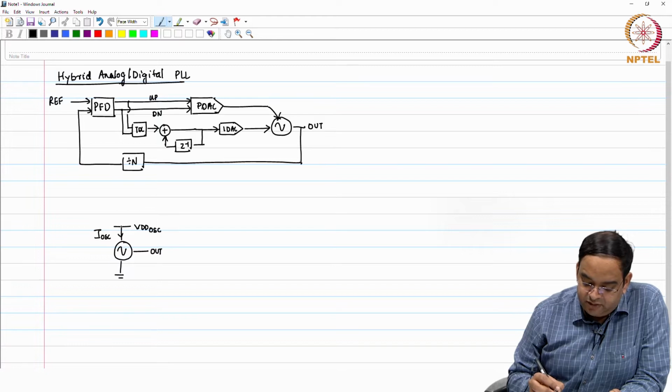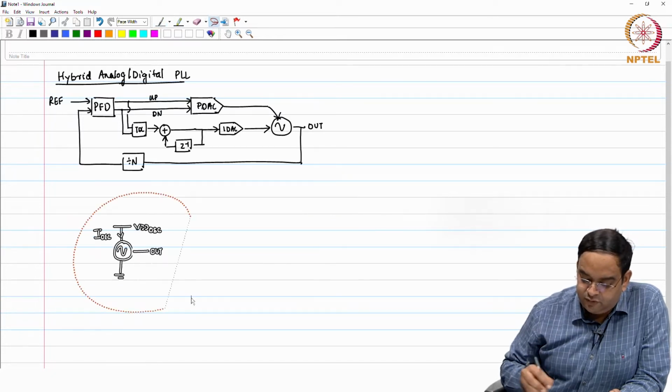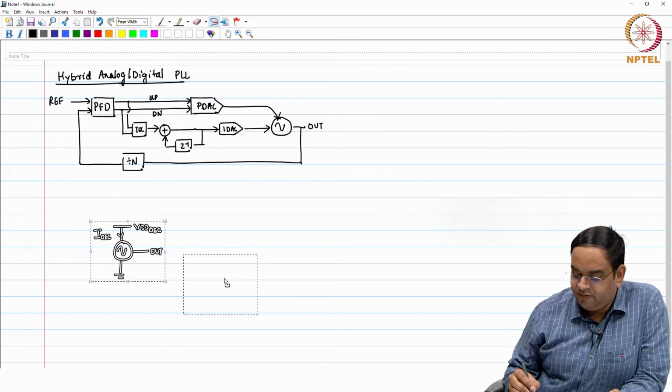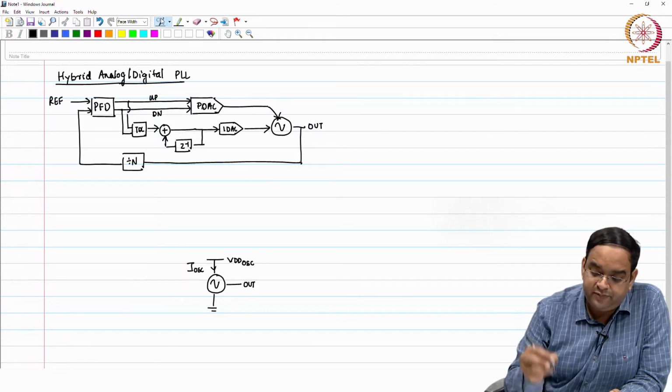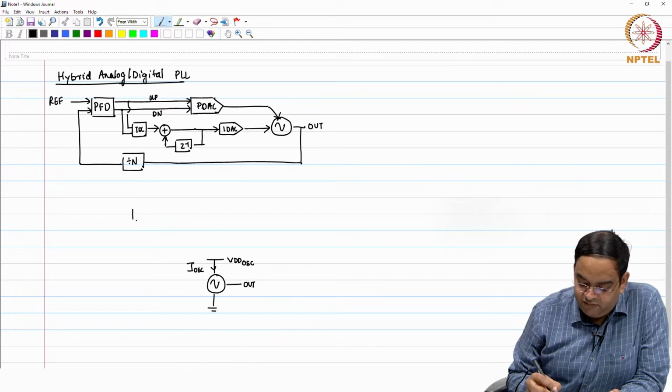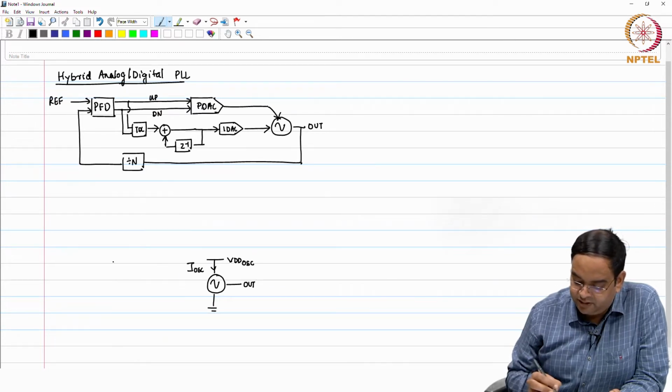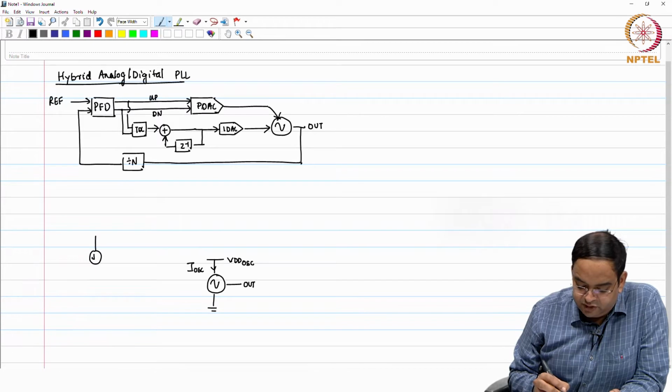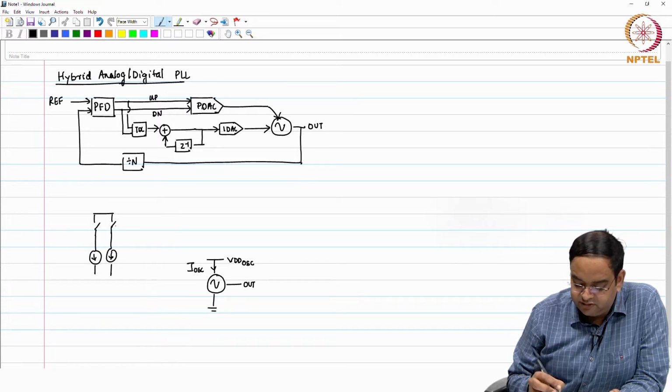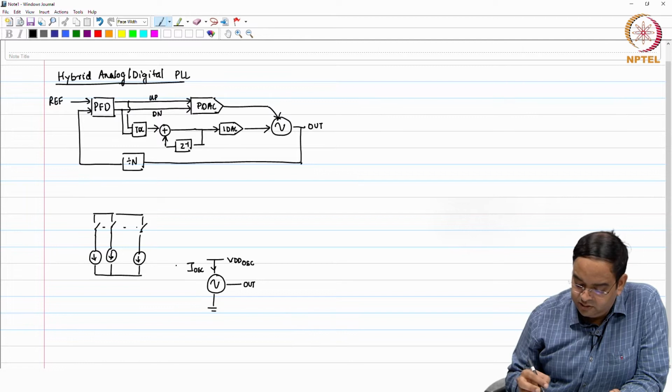This particular I oscillator can be controlled using a current DAC, and that is what your IDAC is effectively doing. So, you can have a current DAC. Let me just make it here with switches. In the previous session we looked at how I can have multiple current sources, and the output of these current sources is fed to the oscillator.